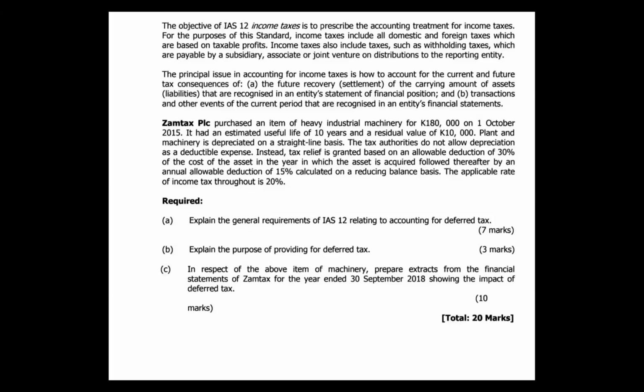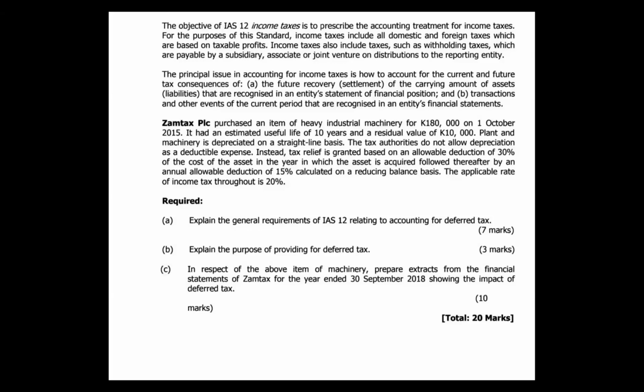The tax authorities do not allow depreciation as a deductible expense. Instead, tax relief is granted based on an allowable deduction of 30% of the cost of the asset in the year in which the asset is acquired, followed thereafter by an annual allowable deduction of 15% calculated on a reducing balance basis.